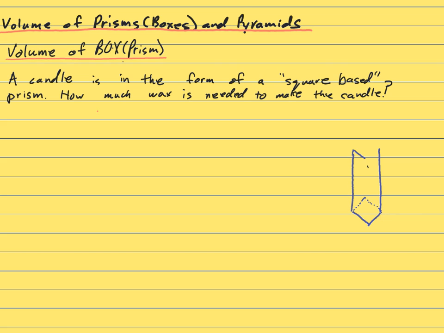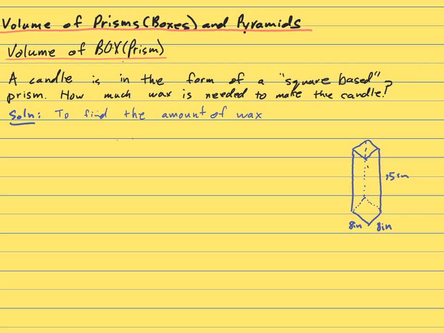And then we have another repeated square base on the top of our prism. Now, the base of our prism has 8 inches, and its height, which goes to the back of our prism here, is 15 inches.